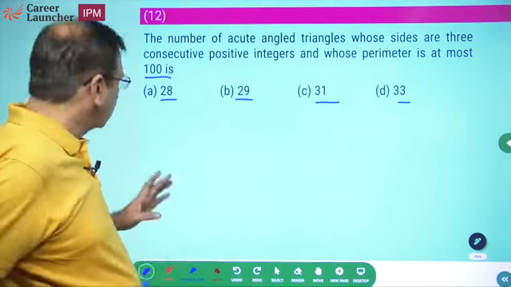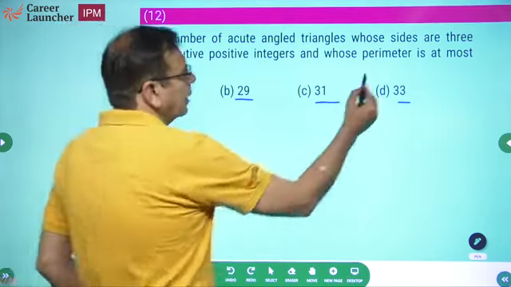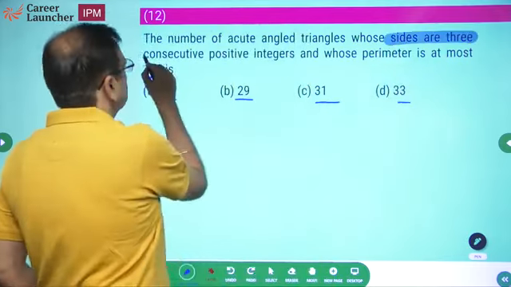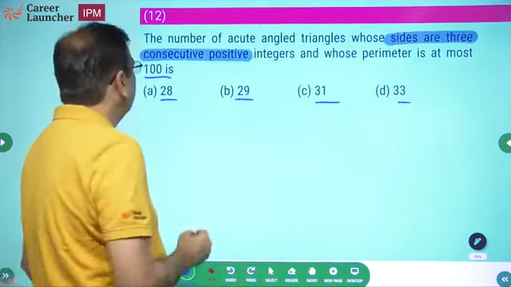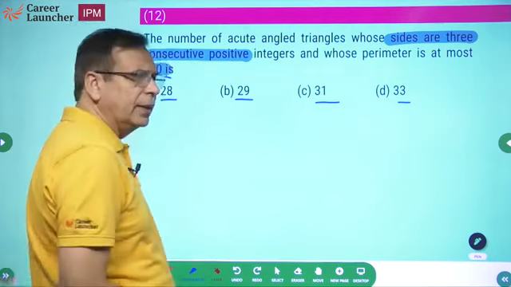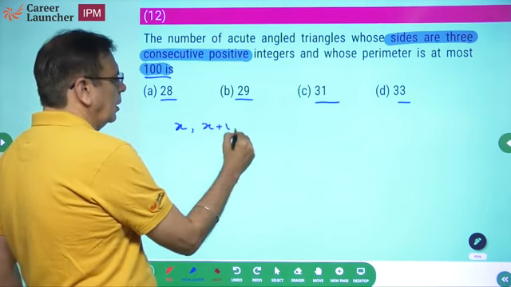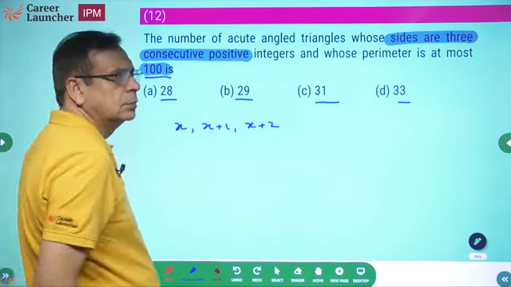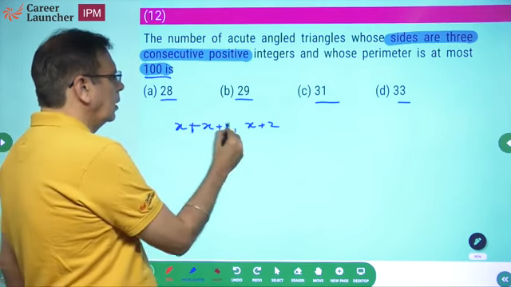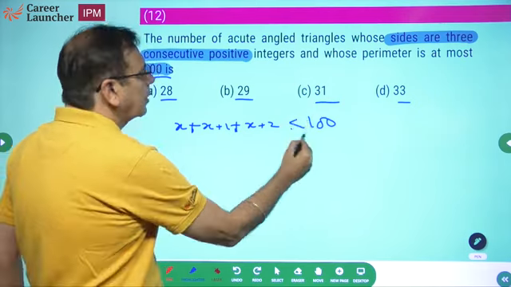So what are the conditions given to us out here? The sides are 3 consecutive integers whose perimeter is at most 100. If the perimeter is 100, what are the 3 sides? x, x plus 1, x plus 2. The perimeter should be at most 100, so less than or equal to 100.